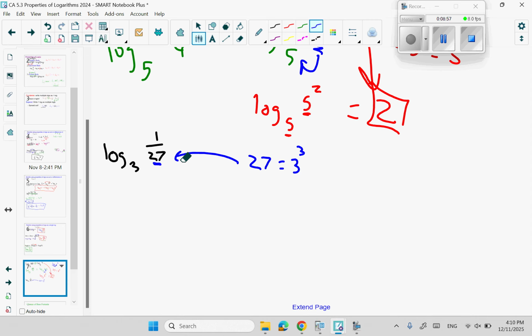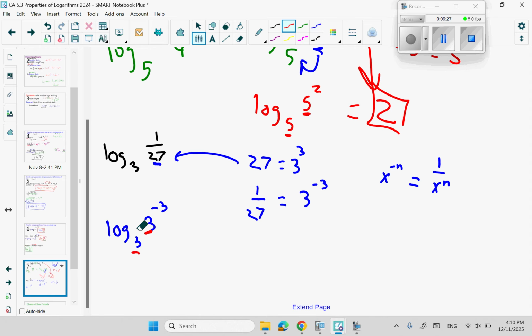Well, if we remember back in Algebra 2 and earlier this year, if I ever have a negative exponent, so x to the negative n, that gets put in the denominator, which means this whole thing, 1 over 27, is the exact same thing as 3 to the negative 3. So I'm going to replace it and rewrite this as log base 3 of 3 to the negative 3. And again, these numbers cancel. So this whole thing equals out to negative 3.